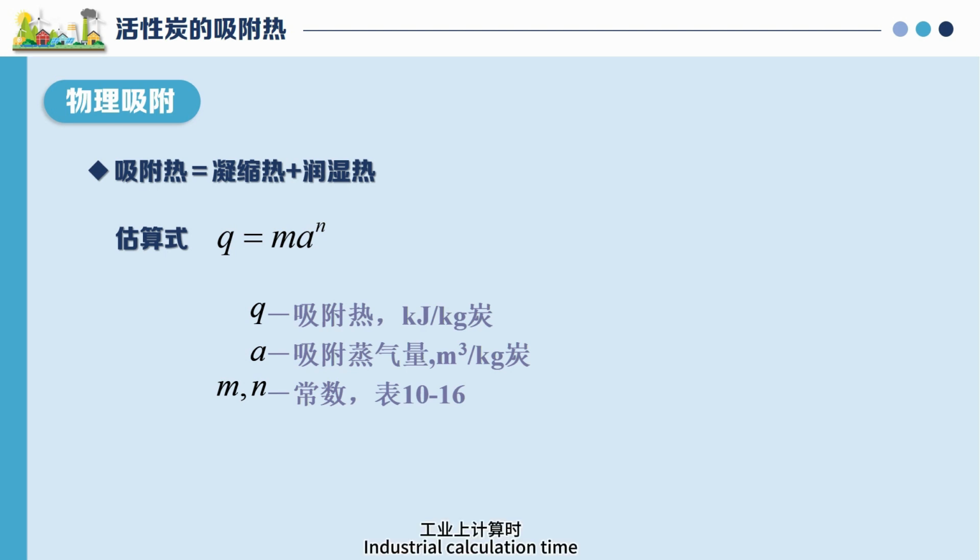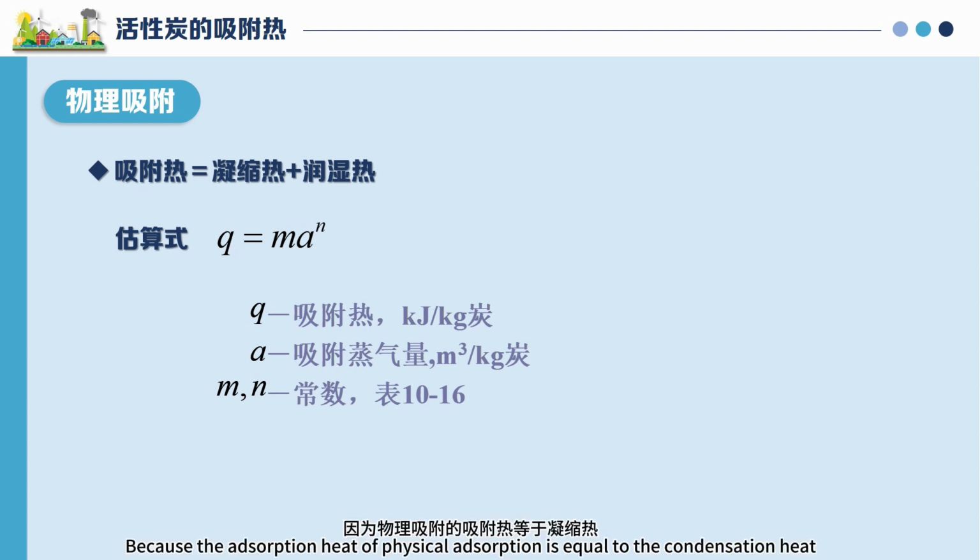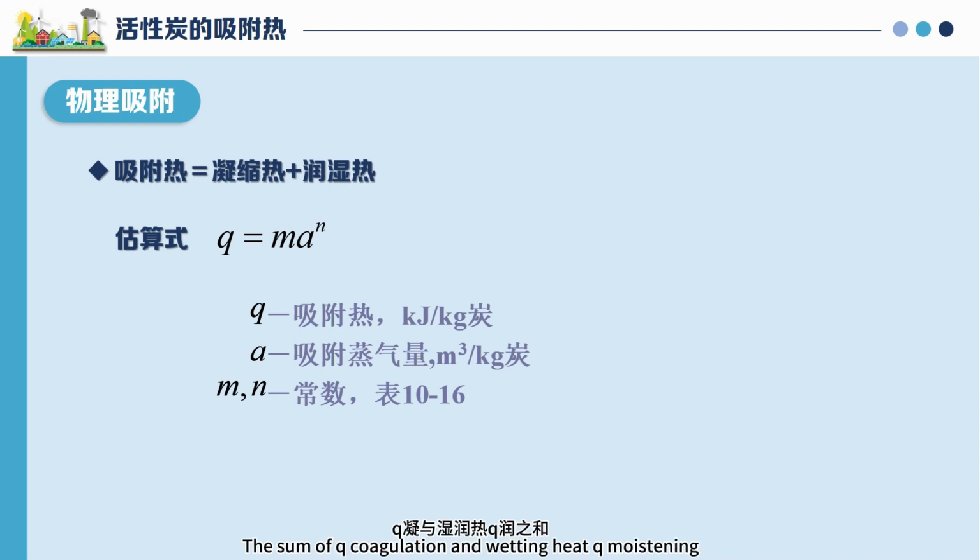In industrial calculations for physical adsorption, the heat of adsorption is often taken as equal to its heat of condensation. However, this assumption will lead to large errors, because the adsorption heat of physical adsorption is equal to the sum of the condensation heat Q condensation and the wetting heat Q wetting. Only when the former is much larger than the latter can the heat of wetting be ignored.